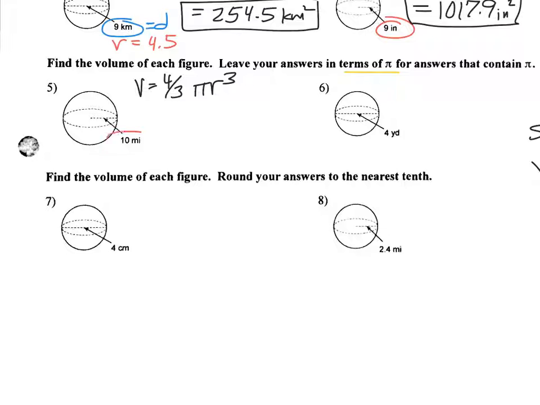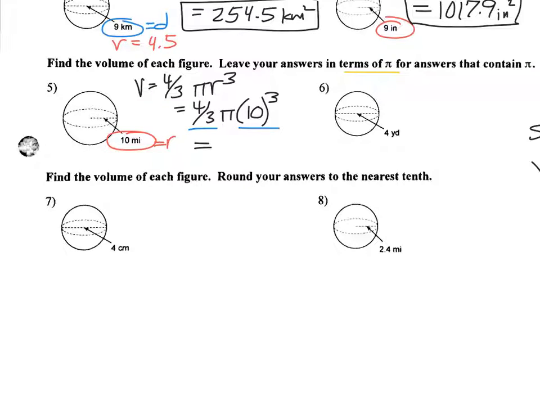Okay, this is r. So all I'm going to do is plug that straight into the formula. So I got 4/3 pi 10 to the third power. Since I'm leaving pi in the answer, all I'm going to type in on the calculator are the number parts. So I have 4/3 times 10 raised to the third power. Make sure you do the third power here. If I do that, it's going to give me a decimal.